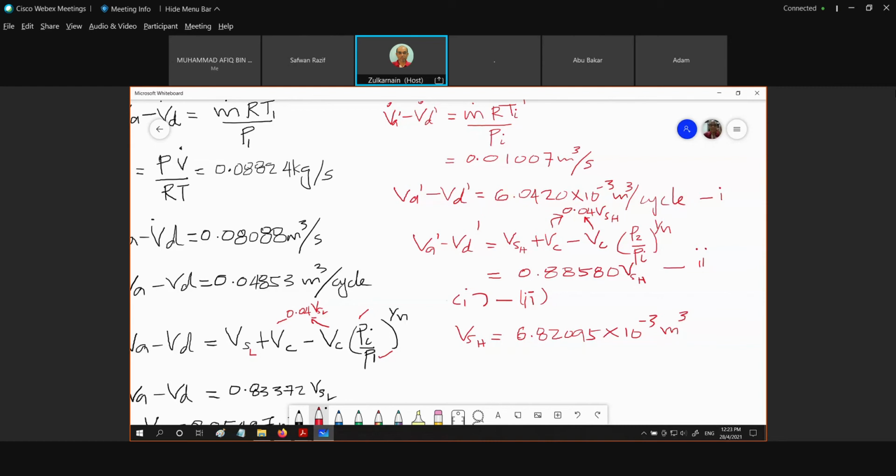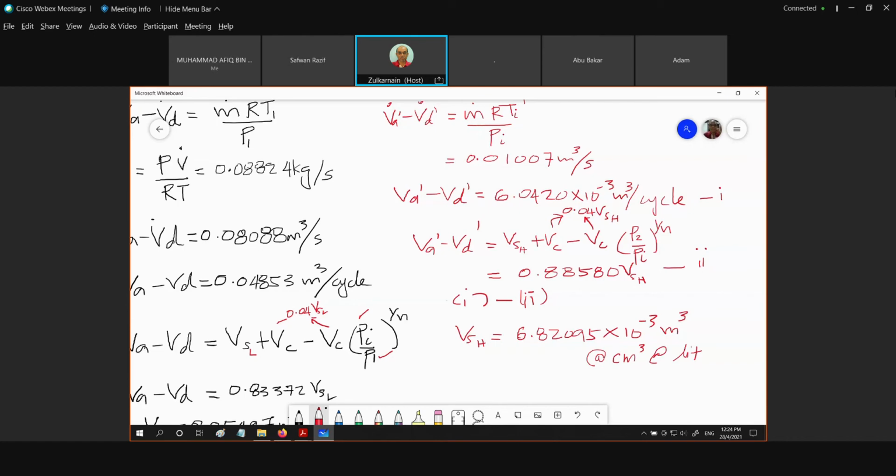So maybe you will be asked to get it in terms of centimeter cube, or maybe in liter. So make sure that you know how to convert from meter cube to centimeter cube or liter, right? So just for exercise, try to put this in centimeter cube or maybe in liter. Same goes for the low pressure compressor.